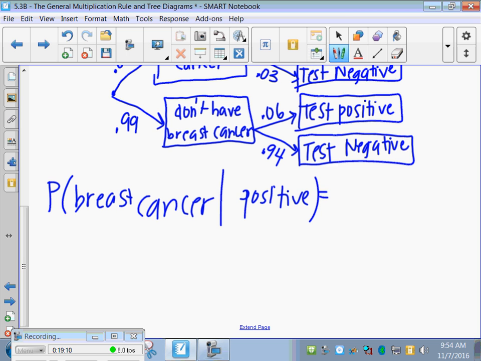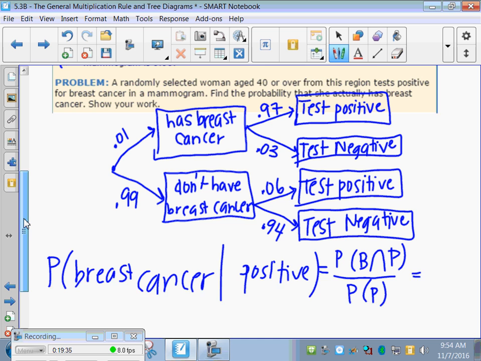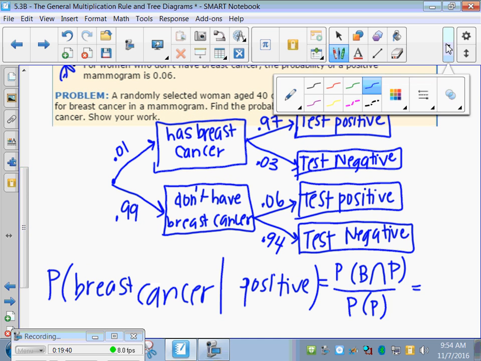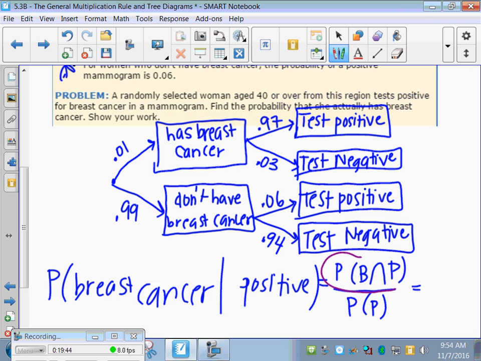So if we write this out using our formula, this is our conditional probability: probability of having breast cancer and a positive mammogram divided by the probability of a positive mammogram. Okay, so the top part, the probability of B, having breast cancer, and testing positive. How do I find that probability, just the numerator? Anyone tell me how we find just this? Probability of B and P.